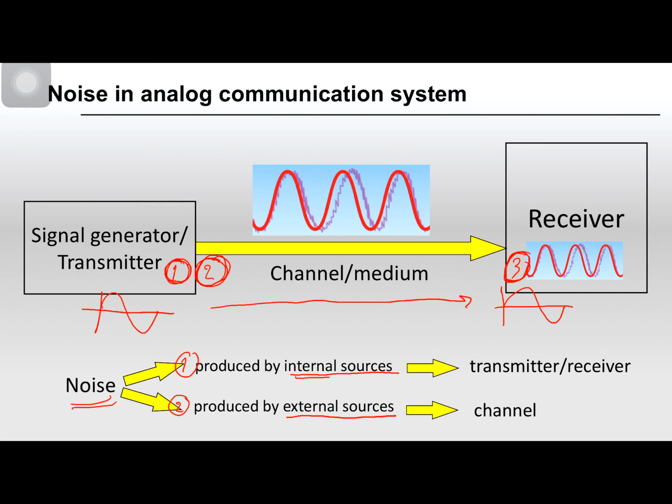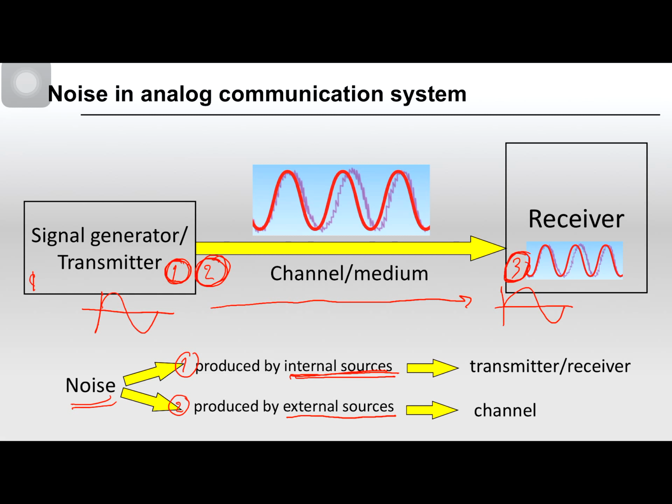From internal source, that means the source of the noise is from inside the circuit. For example, the noise generated by the electronic circuit.